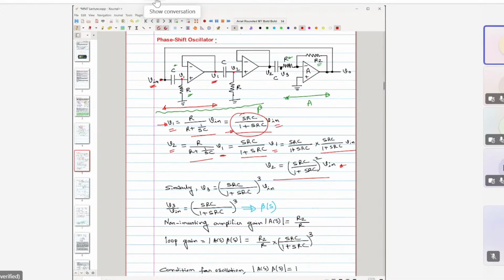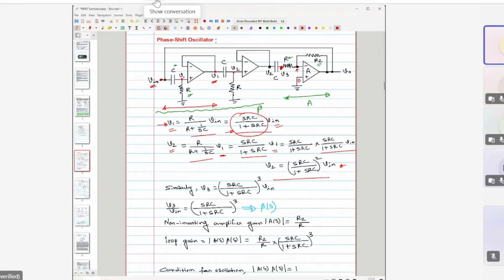But we need to find this part, right? What is V3 in terms of this V in? Is it a different circuit compared to this part? If you consider, it is not. It is the same thing, right? Why? Because you see this is the capacitor and this is the resistor, whose resistance is also R. And if you consider this op-amp, this non-inverting terminal is grounded. It's a physical ground, and you know the op-amp property. If this terminal is ground, then that will also make sure that this terminal is virtually grounded.